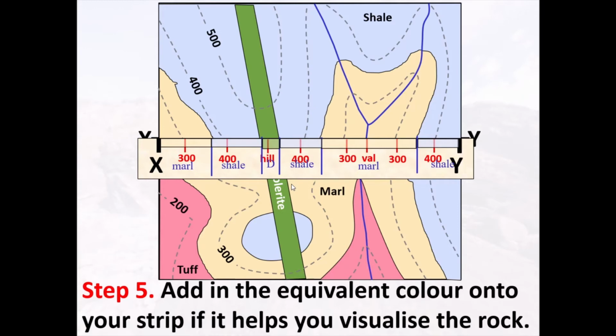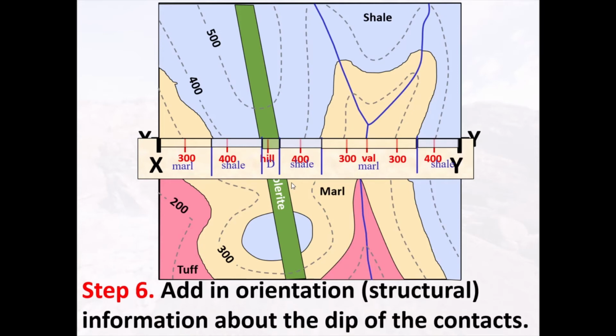Okay, then what you want to do is, looking at your map, add in any of the orientation or structural information about the dip of the contacts. And we've already deduced, just by looking at the map, that those sedimentary contacts between the marls and the shales, they're horizontal, so we could write that down with a little HZ next to our contact on our cross-section strip.